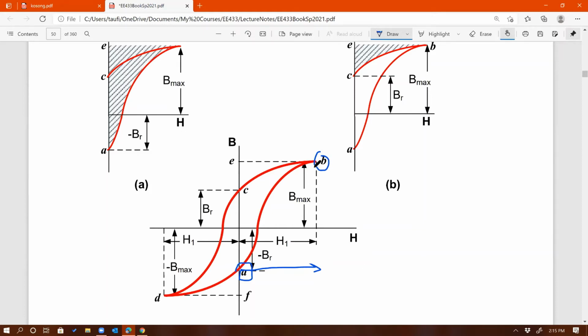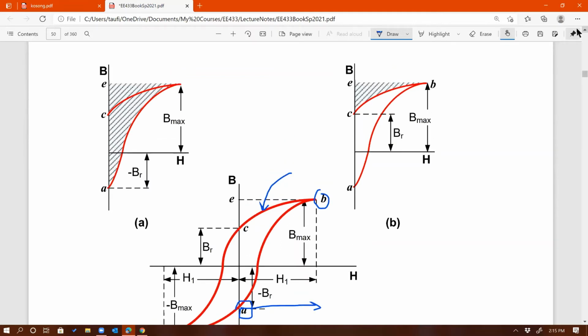Do you agree with that? If you look at the segment of the hysteresis loop from B to C, you can see that current decreases. So we have decreasing current, meaning that we are releasing energy. So we store energy from A to B, and then we release energy from B to C, okay?